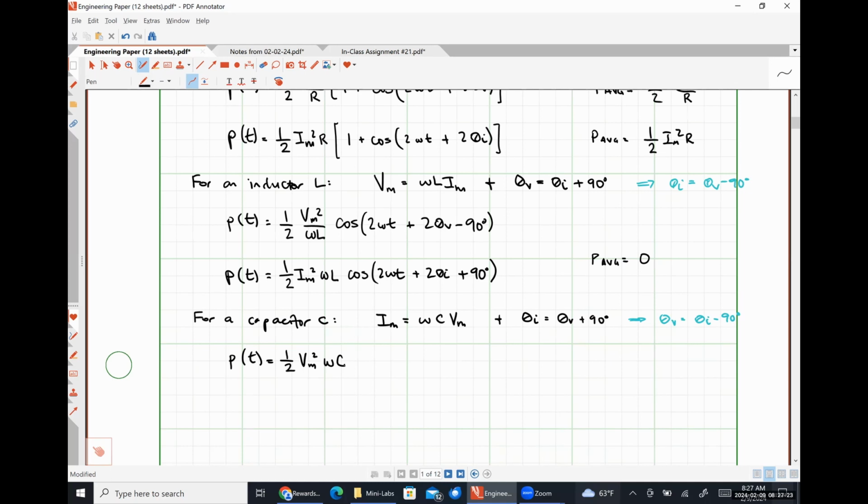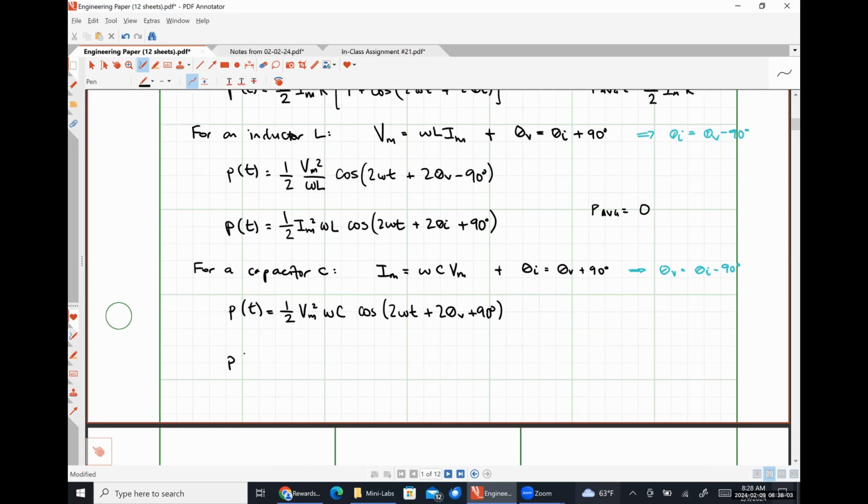Now I'm doing the cosine bit. So I'm going to have theta V minus theta I. So that's going to look like theta V minus theta V minus 90 degrees. What's the cosine of negative 90? Also 0. So a capacitor doesn't have any average power absorbed either. Moving on to the AC portion, we're going to have cosine twice omega t plus twice theta V plus 90 degrees.